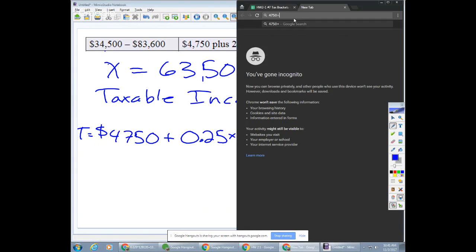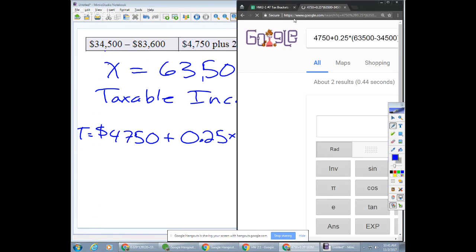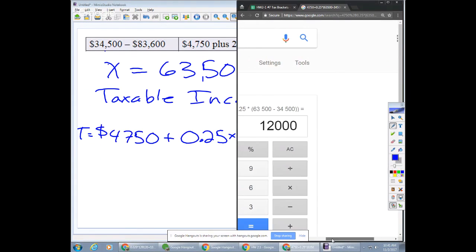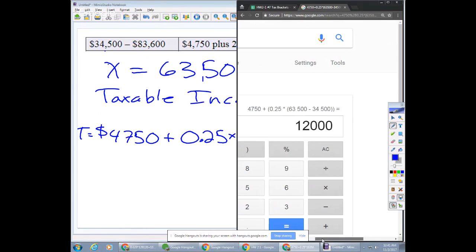4,750 plus 0.25 times the difference of 63,500 minus 34,500. And Google says, ooh, I got a different number. I got 12,000 this time. Did I mess up my spreadsheet? Let's see.